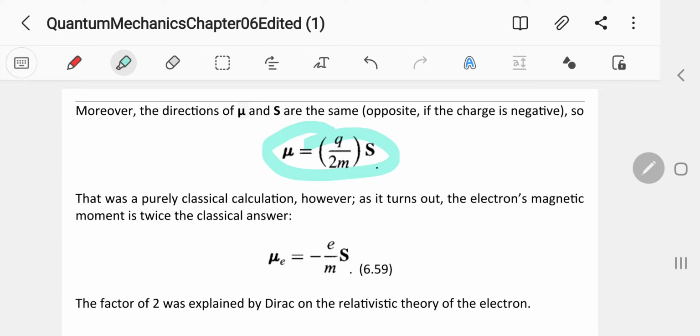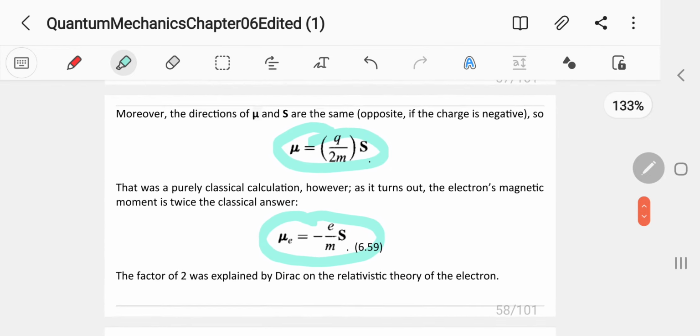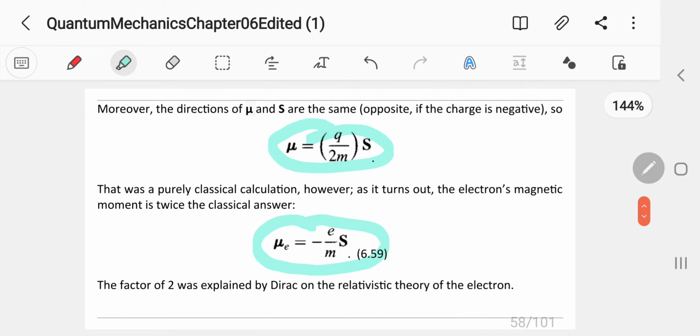So what exactly is our magnetic moment is given by this. You can do some reading on how this factor of 2 disappears.